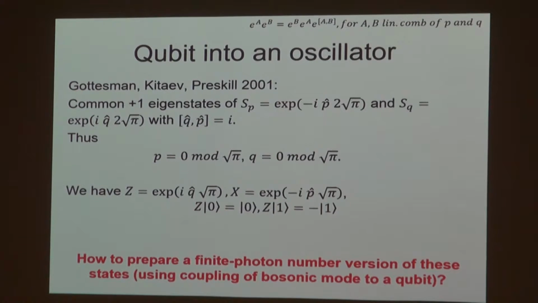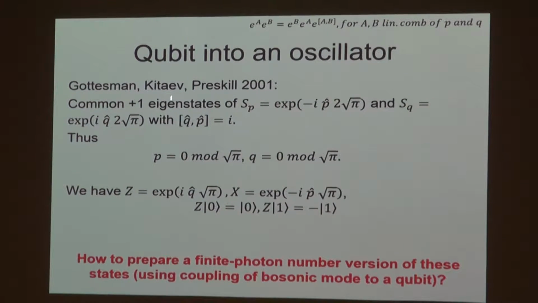So you can also choose other parameters. Instead of having this 2 times the square root of pi, you could have this alpha, and then this is also something divided by alpha. There are other choices by which you can have this phase factor be 1. Yeah?